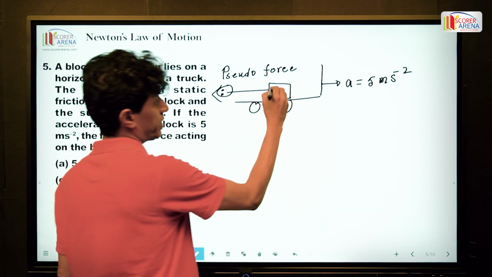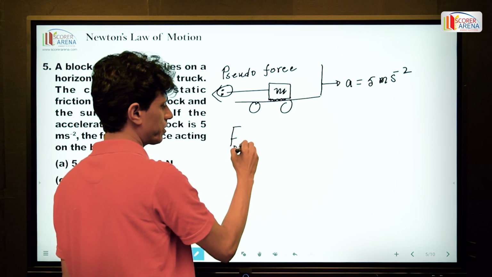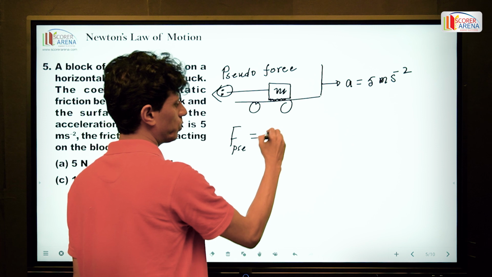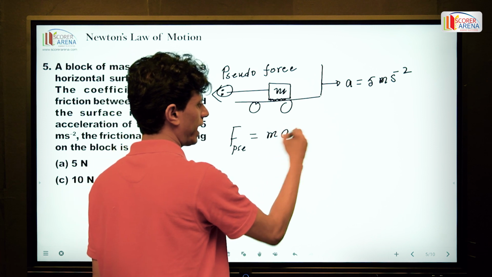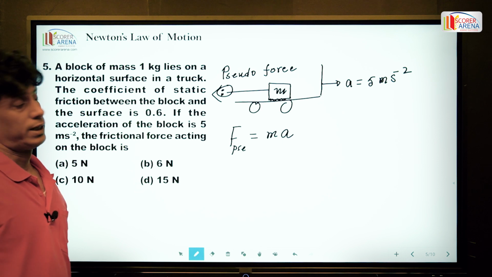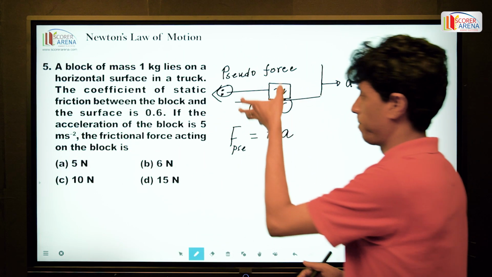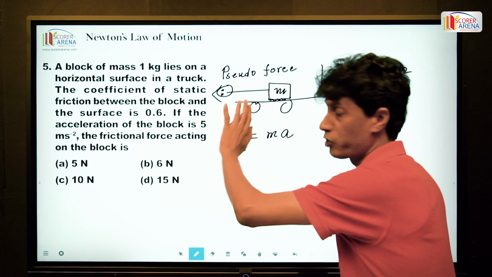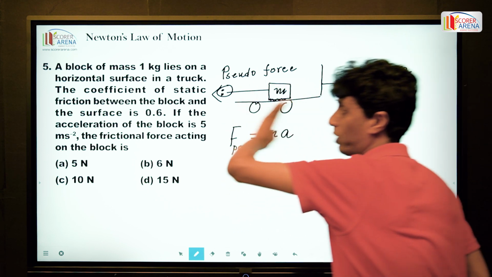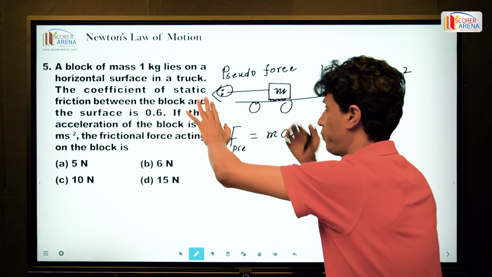If the mass of this body is m, then this pseudo force is equal to mass into acceleration of the frame. Because of this pseudo force, the body has the tendency to move in the backward direction, against the direction of the frame's motion.